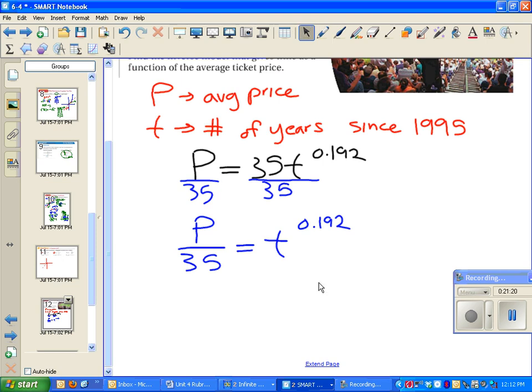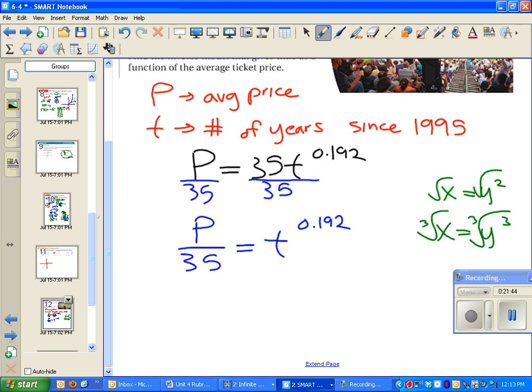So if we were in inverse land, if we had x equals y squared and we wanted to get rid of the squared, we would square root both sides. If we had x equals y cubed, to get y by itself again, we would cube root both sides.